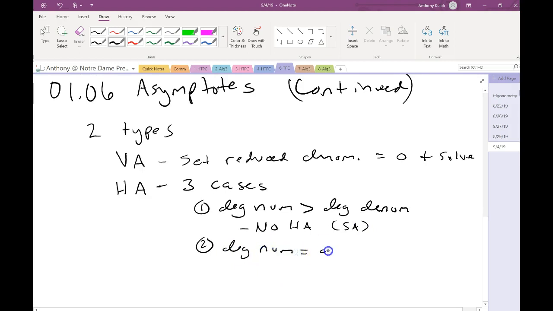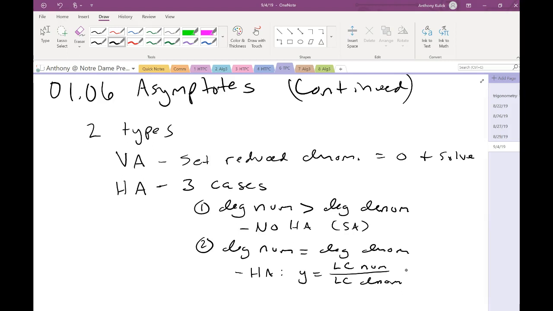We have the situation where the degree of the numerator equals the degree of the denominator. In that case, we have a horizontal asymptote, and it is y equals the leading coefficient of the numerator over the leading coefficient of the denominator.